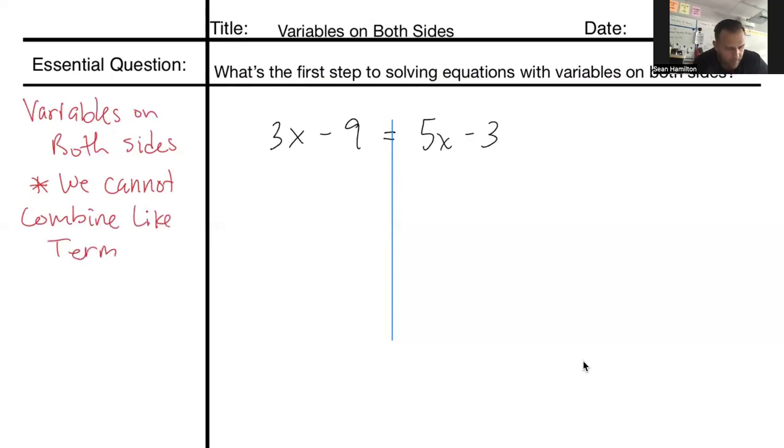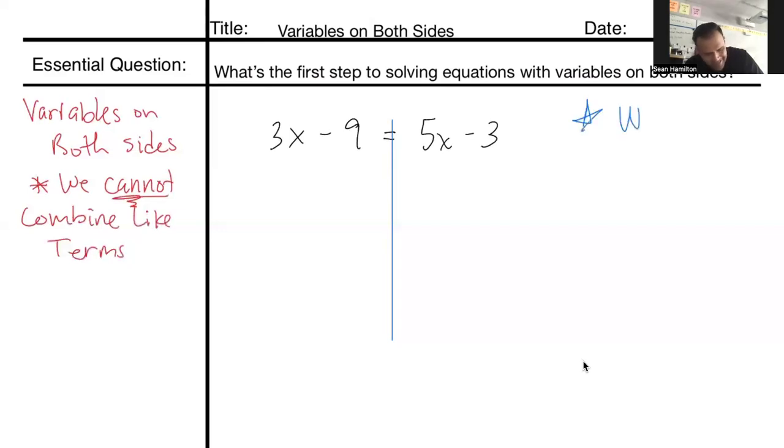We cannot combine like terms because of this equal sign. This equal sign is separating them from the left side and the right side. So what do we do? Big star here on the side.